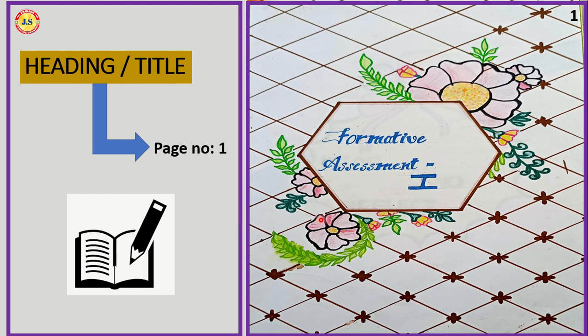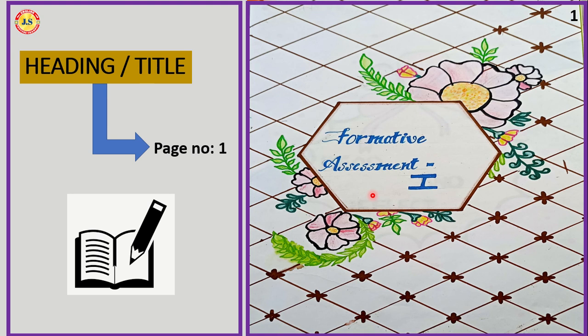Then the page should be decorated with beautiful sketches. The heading on page number 1 should be written as formative assessment 1. See how well my children prepared. In a similar manner, ask your children to prepare even better than this. So this is the first page.